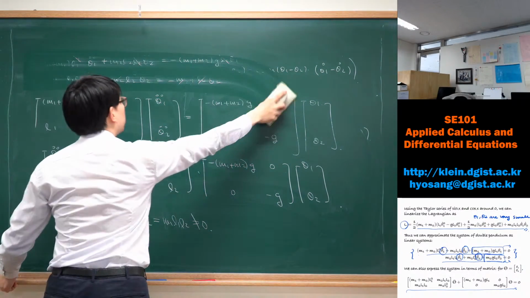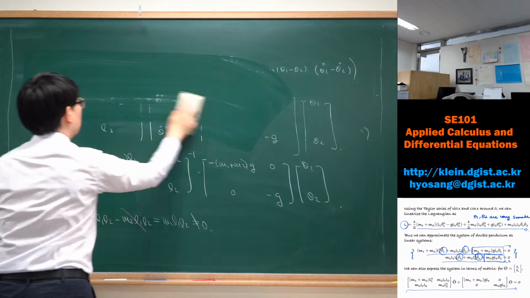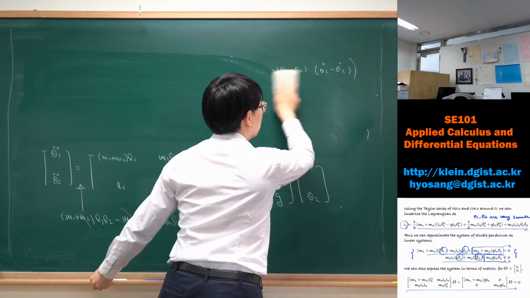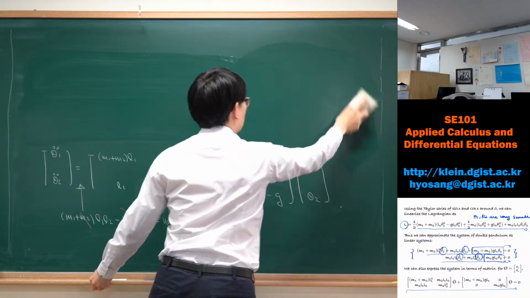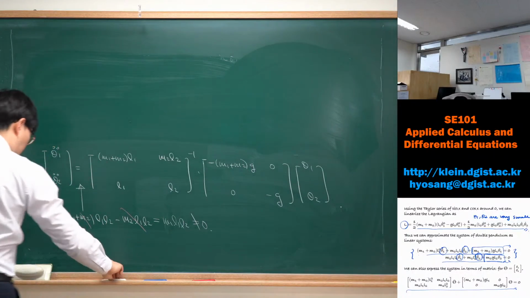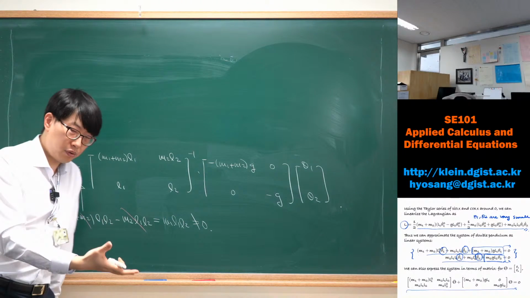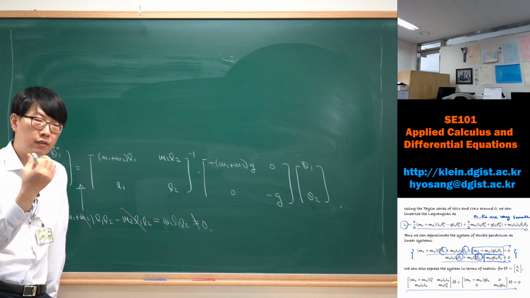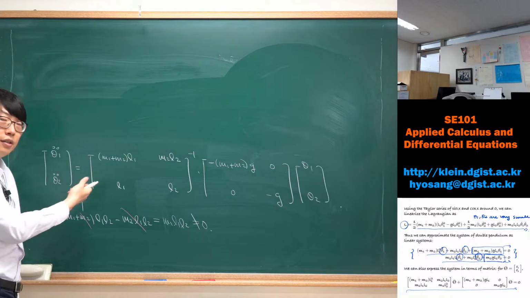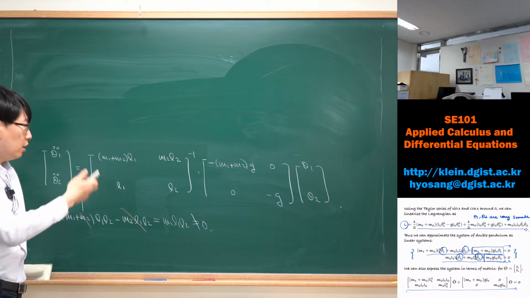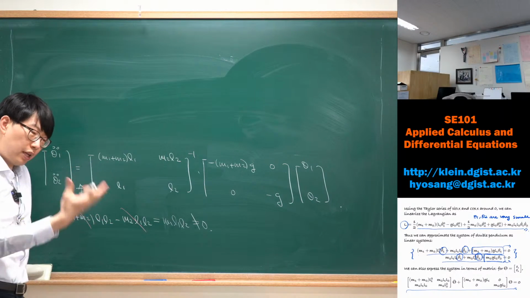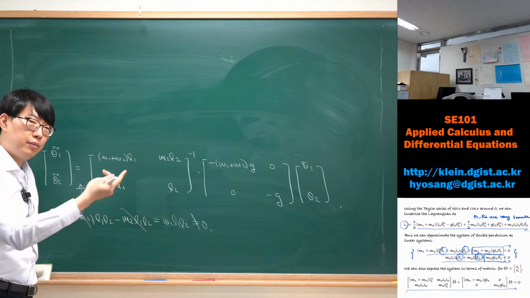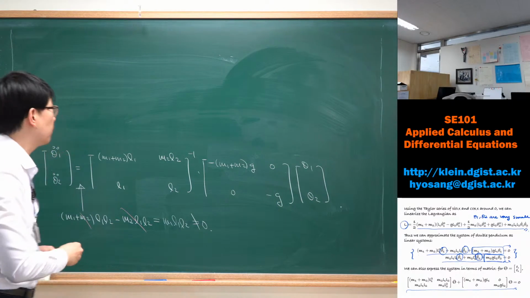Let me explain that here. When you solve a numerical solution, you always have to convert that into a system of first order differential equations. These are a system of second order differential equations, so I'm going to change each second order differential equation into a system of two first order differential equations.